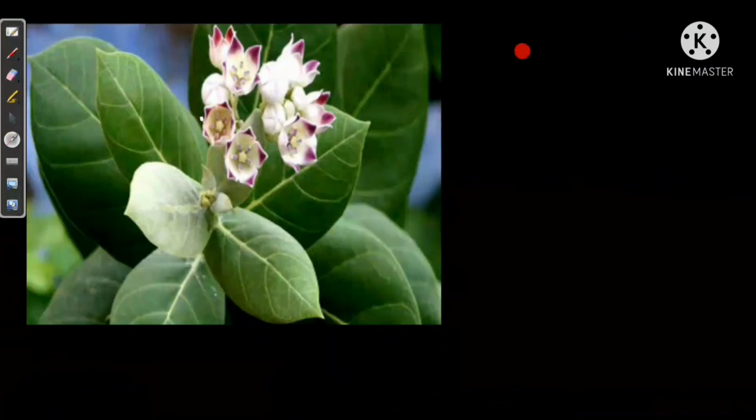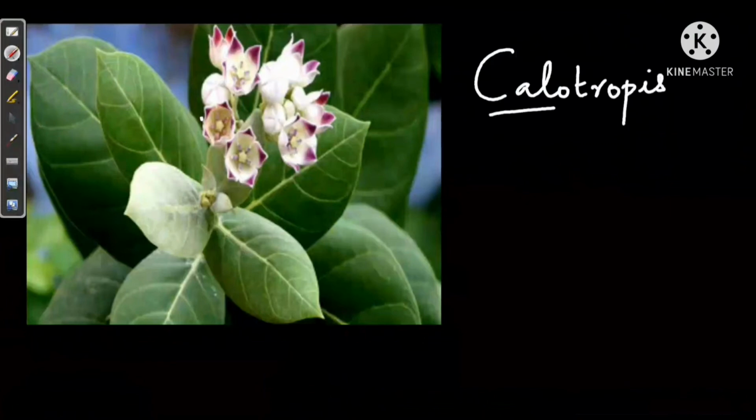Now this plant is Calotropis. Calotropis is a weed which is found in grasslands or on roadsides with these flowers. Now cattle would like to keep away from it because of the presence of cardiac glycosides in it.